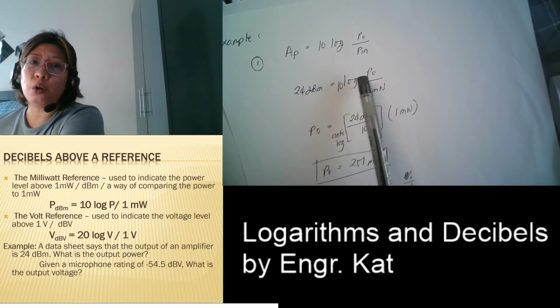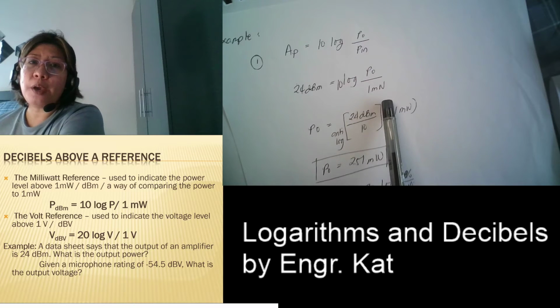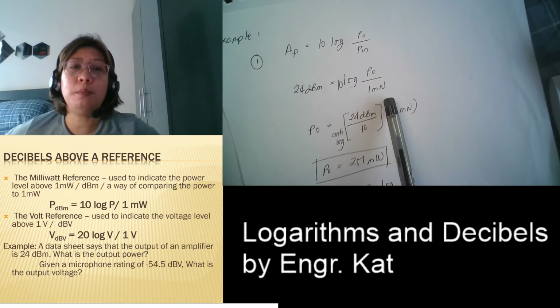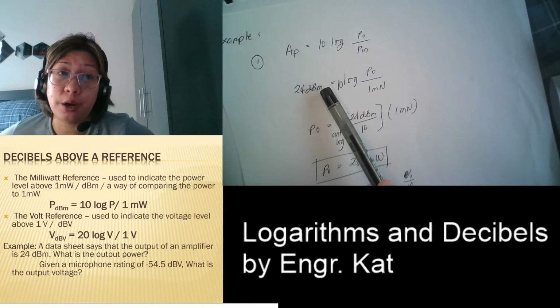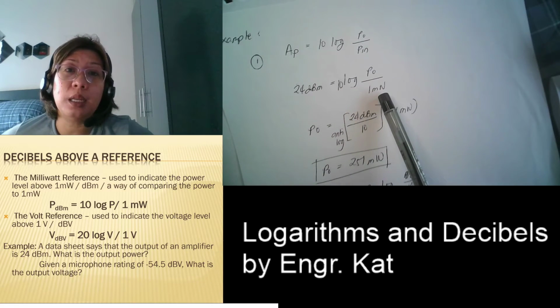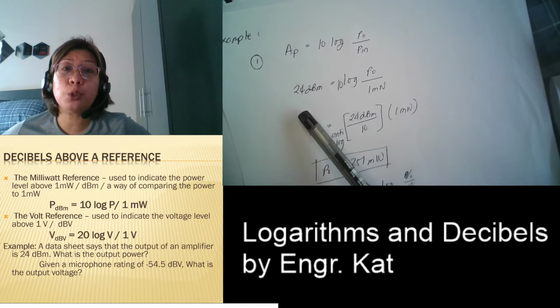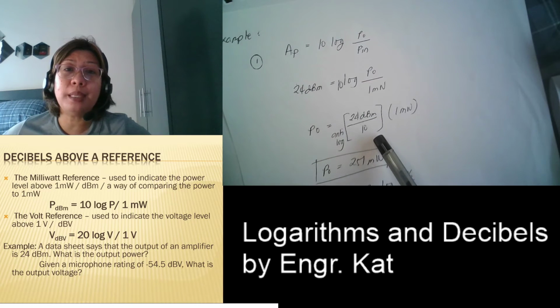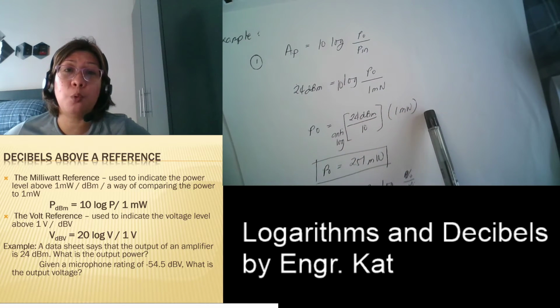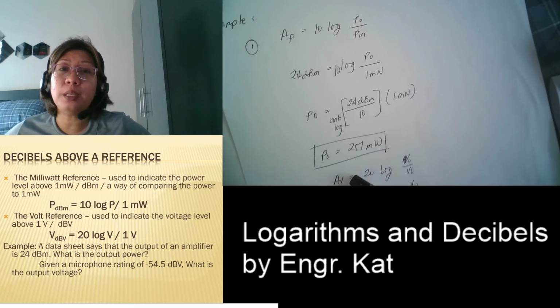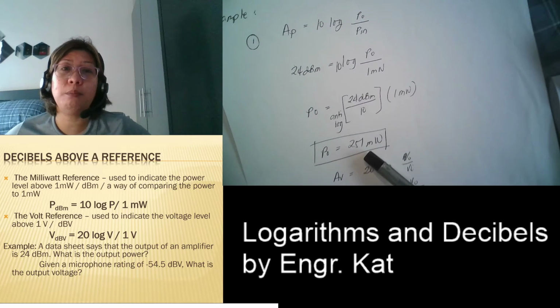So that is 10 log of PO divided by 1 milliwatt. Why 1 milliwatt? Because we have here dBm. The M here specifies that automatically we have 1 milliwatt here. So your PO can be solved by 24 divided by 10, and then we get the anti-logarithm of this one, antilog, and after getting the anti-logarithm, you multiply it by 1 milliwatt. So your output is equivalent to 251 milliwatts.